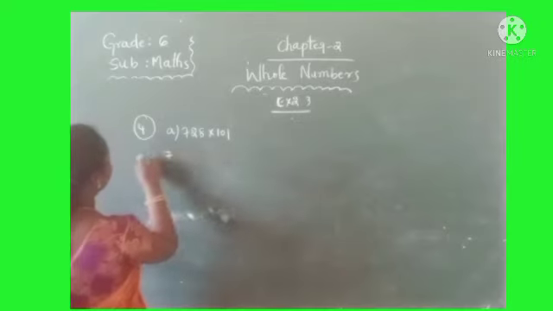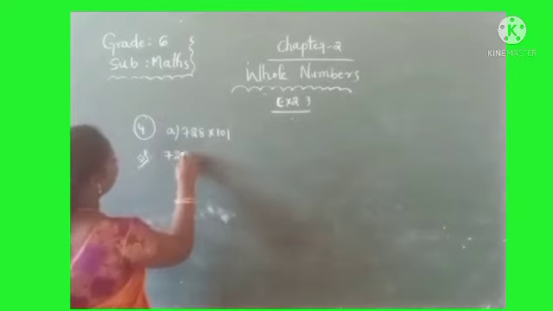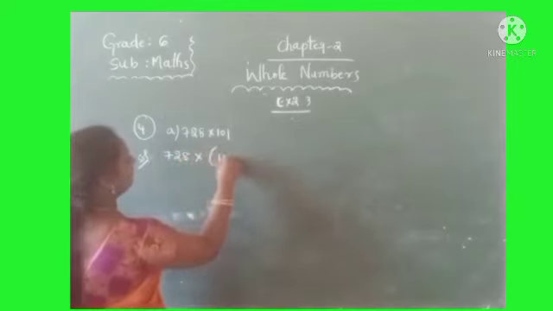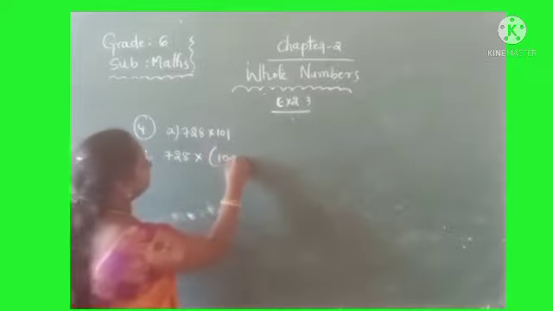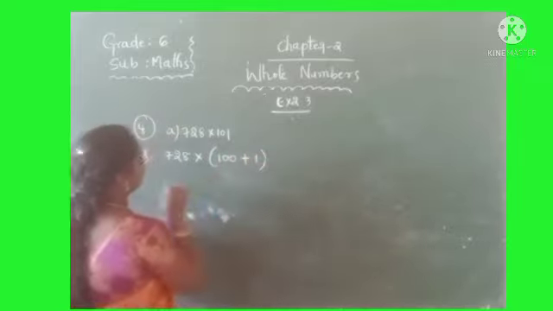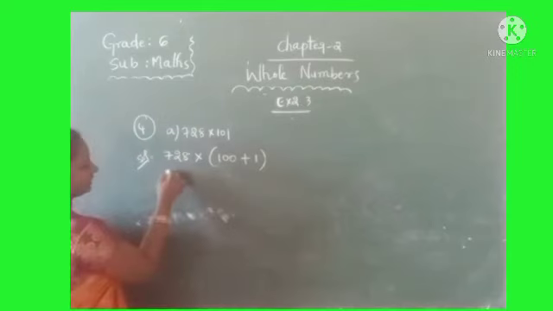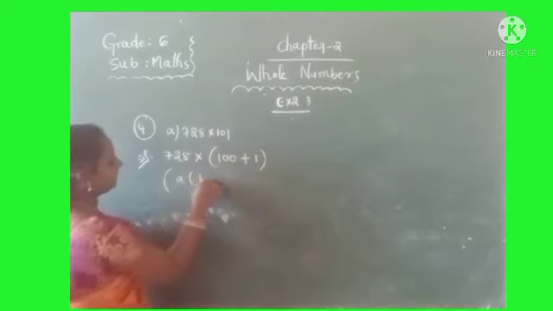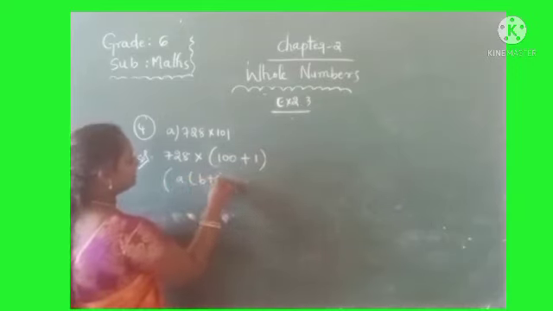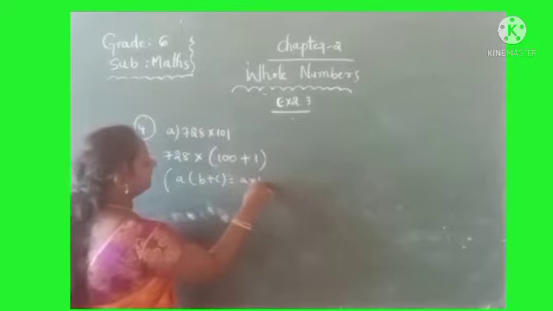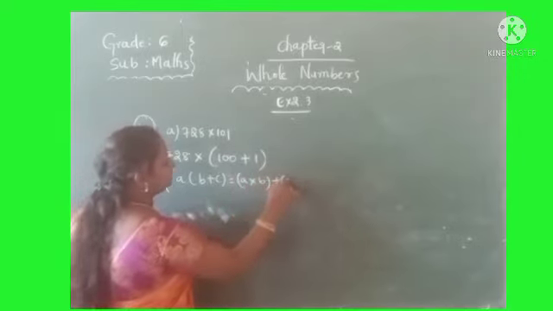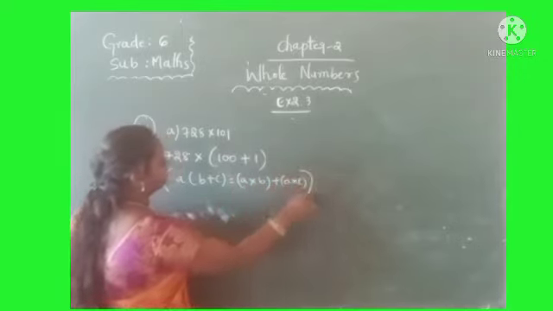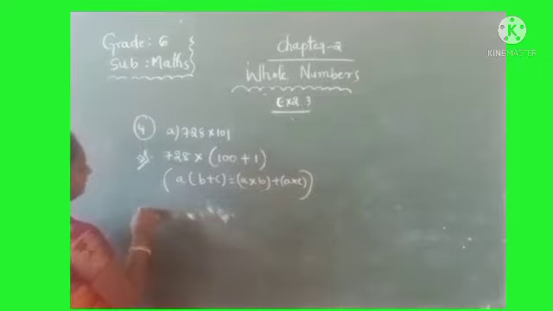That is how we distribute this one. 728 into 101, we can write here as 100 plus 1. By using the distributive property, that is A into (B plus C) is equal to A into B plus A into C. This is the distributive property.